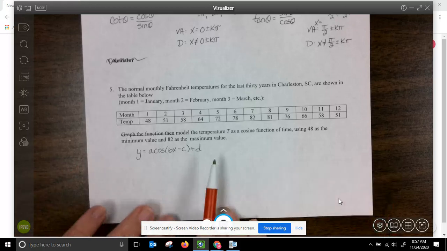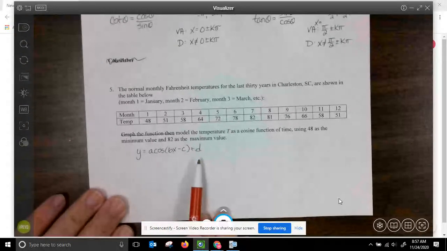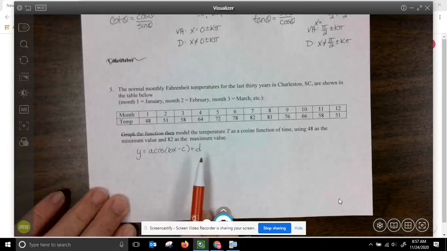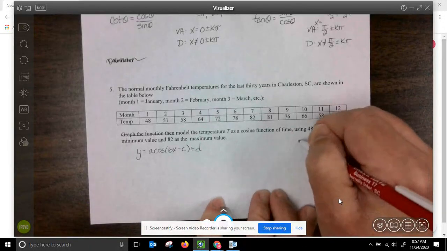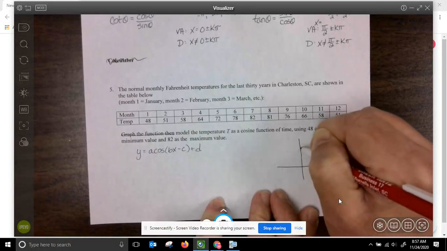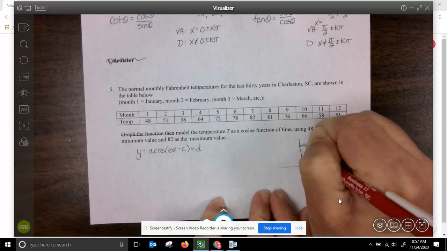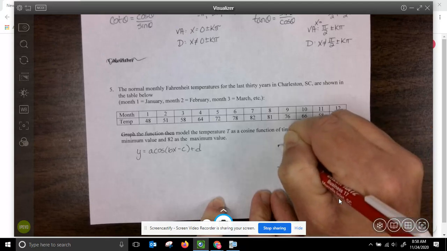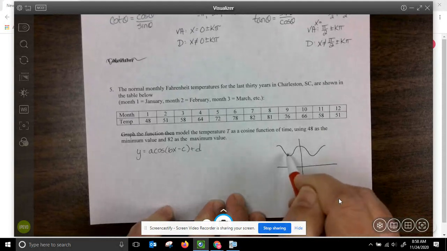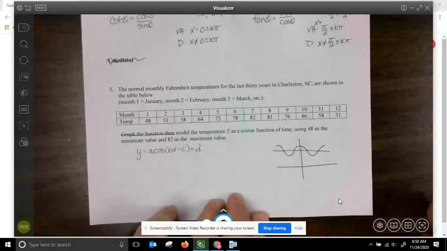But again, just like in problem 1, we need to find A, B, C, and D. How can we do that with all of this? Let's look at a graph of a generic cosine function here. It would look something like this, and we would have our baseline in here like this.